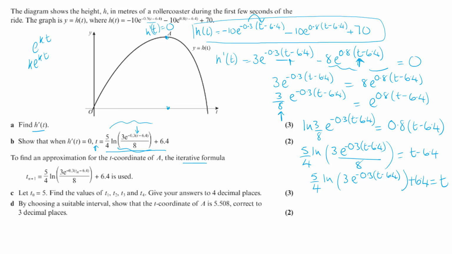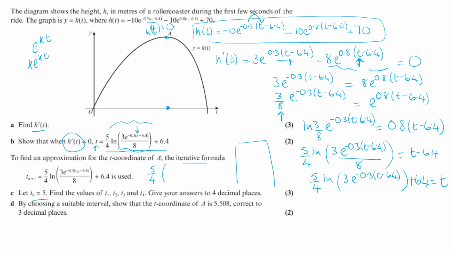So it's asking us to use t0 equals 5, put it in our calculator, get t1, t2, t3, t4, etc. to 4 decimal places, to try and find an estimate for the t at that turning point, because we are putting it into h dash, so we're trying to find the t when it reaches its maximum height there. So you need to do 5/4 and then put all this in your calculator.